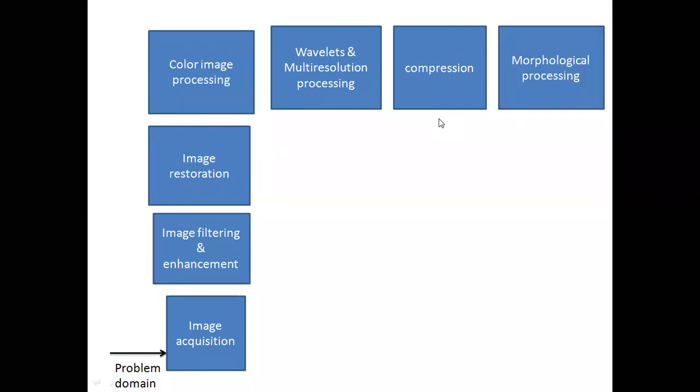Next is morphological processing. Morphology is nothing but structure. As you saw in the last slide, there was a home made up of three shapes: two squares and one triangle.